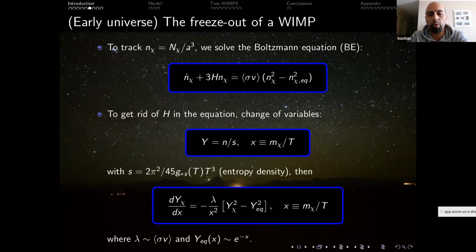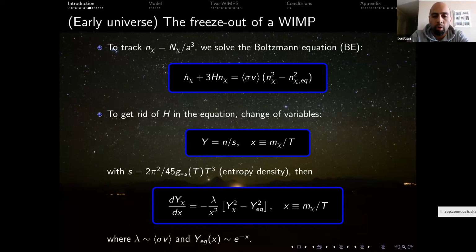So once you replace these new variables, you get this equation in which now you don't see explicitly the Hubble expansion in the third equation. This is called the Riccati equation. But at the end, Y, the capital Y, is the number of particles in a volume that is increasing over time, because you have to consider that the universe is expanding in the early universe.